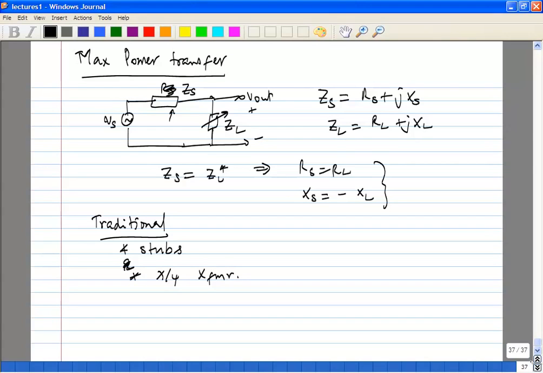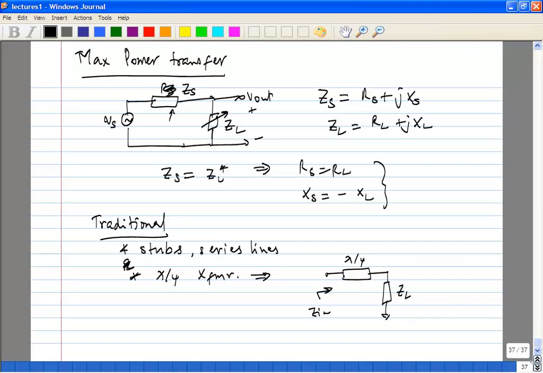Of course, you can also use series lines, right? So that is traditional. With a lambda by 4 transformer, let's say you have a lambda by 4 transmission line and the load ZL.